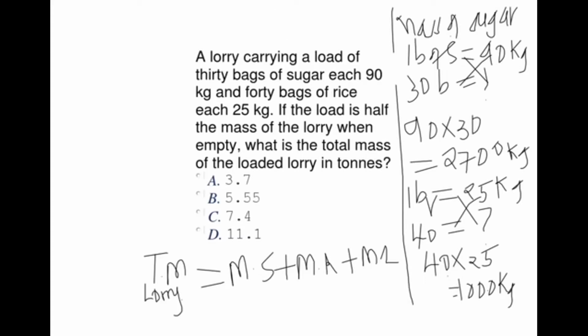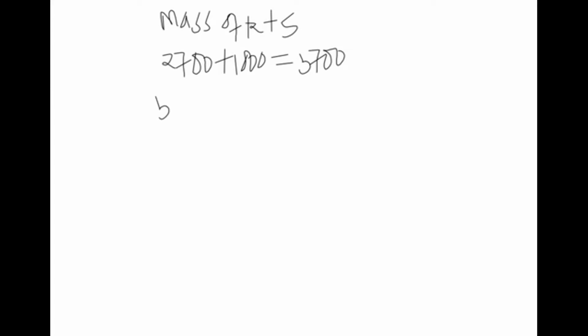So we are told if the load is half the mass of the lorry. So we have this 3700 equals a half the mass of the lorry. So if we want to know the mass of the lorry, we'll multiply by 2 to remove these 2. Then we multiply this side by 2. So we have this and this cancelling.